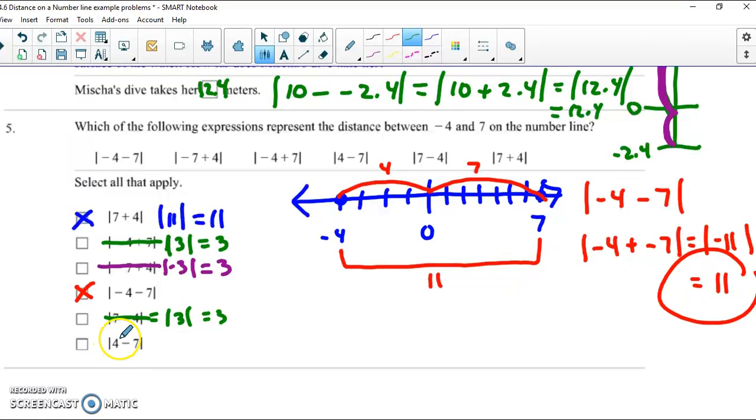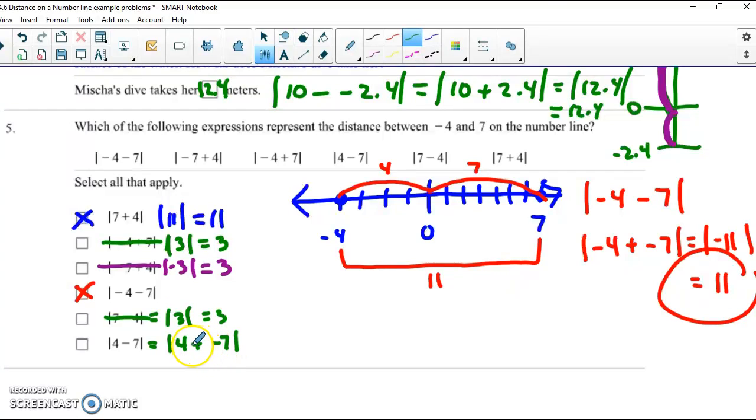And my last one, the absolute value of 4 minus 7. So I'm subtracting more than I started with, so I need to do same, change, change. So this is the absolute value of 4 plus -7, or you can think of it as adding the opposite. So I'm doing 4 plus the opposite of 7, which is -7.